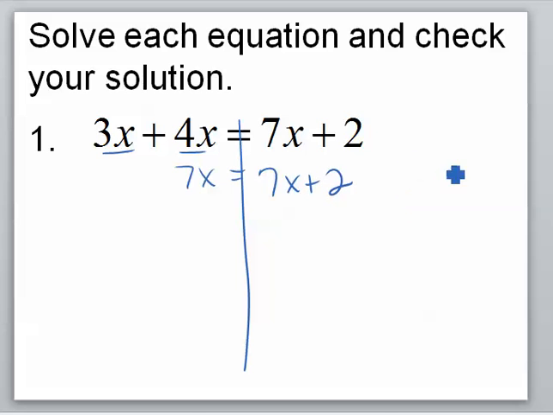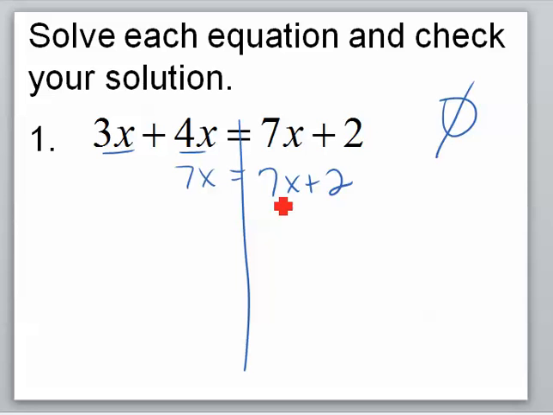The reason why this is going to end up being no solution, and I'll go ahead and mark that, is I can logically talk this through. This person on the left-hand side makes $7 an hour. This person on the right had $2 in their pocket and makes $7 an hour at the same place they work. However, this person will always be ahead because they started with $2 more. So there's no way that these will ever be equal.